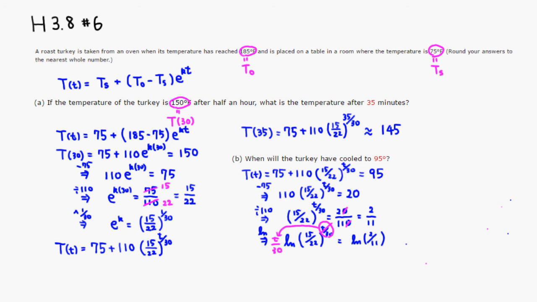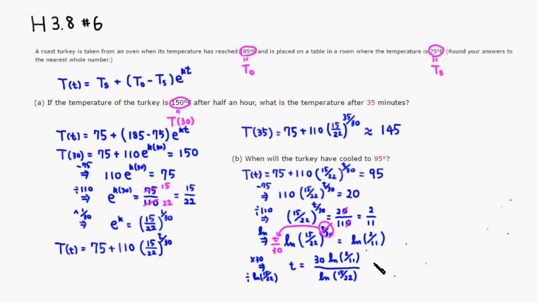Since we want to isolate t, I'm going to multiply by 30 and also divide by the natural log of 15 over 22. So t is equal to 30 times the natural log of 2 over 11, divided by the natural log of 15 over 22.